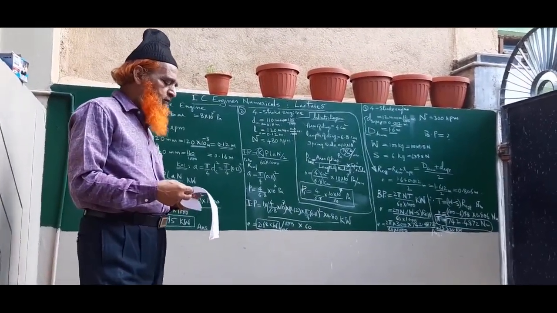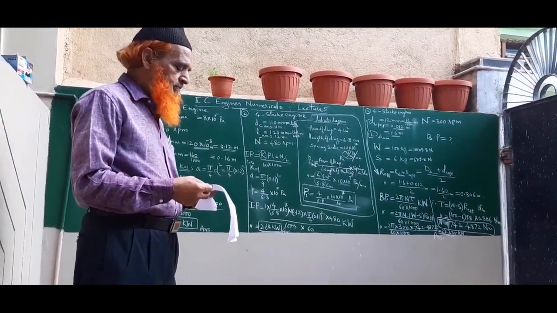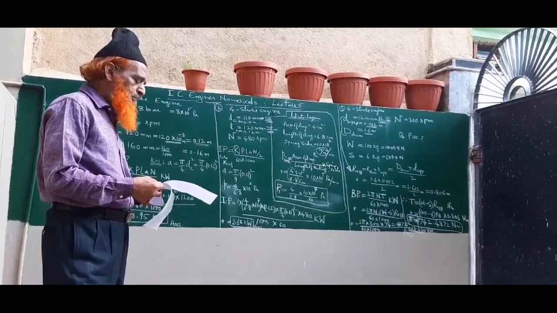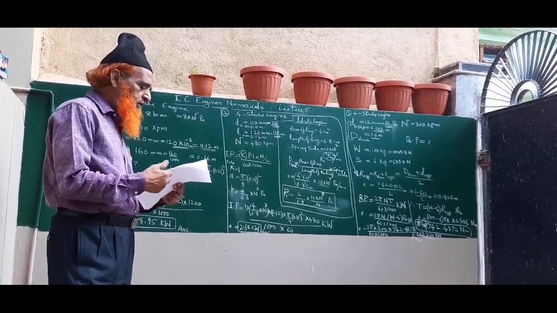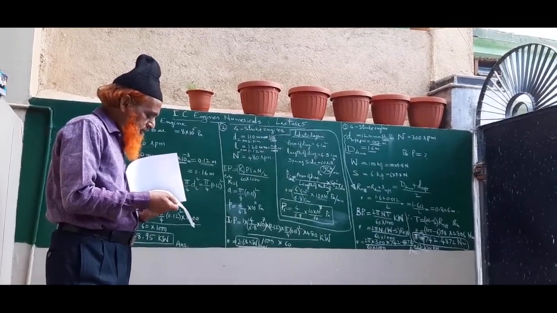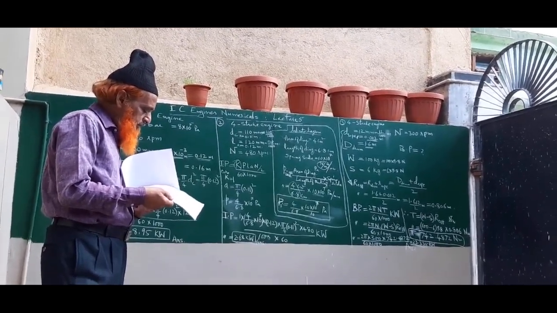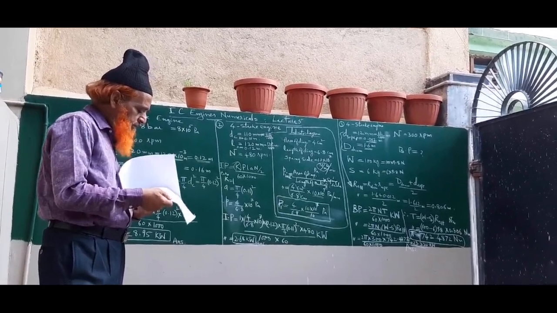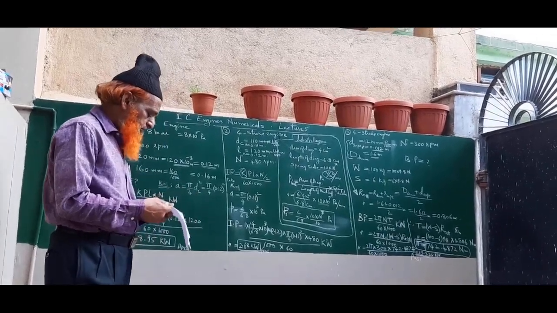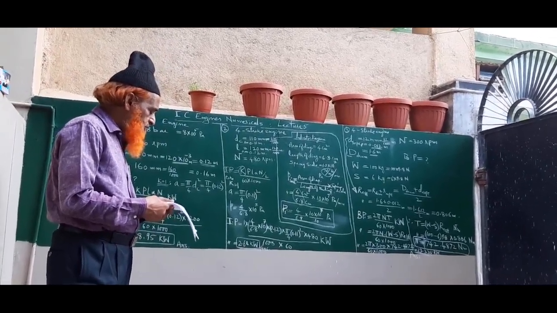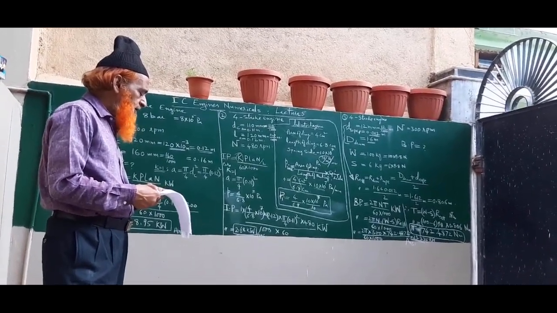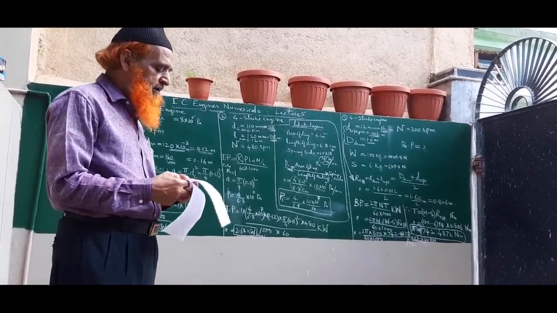The calorific value of fuel is 40 megajoule per kg. Find the indicated power and crankshaft speed.